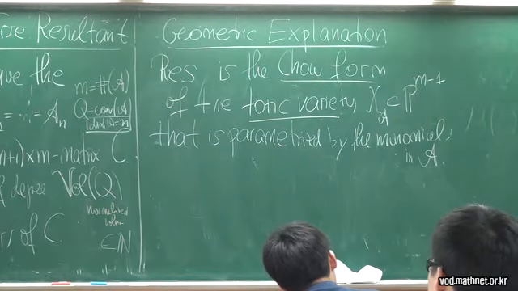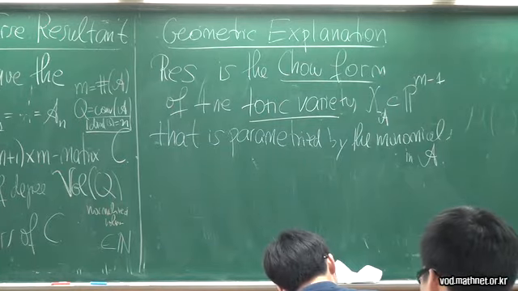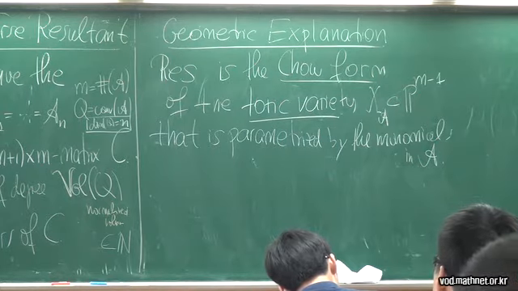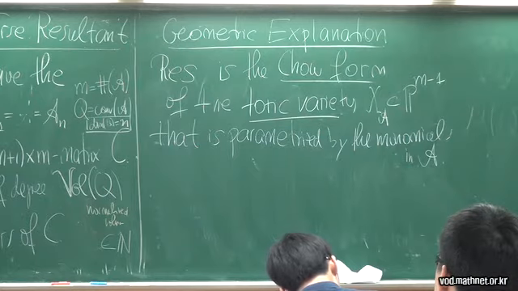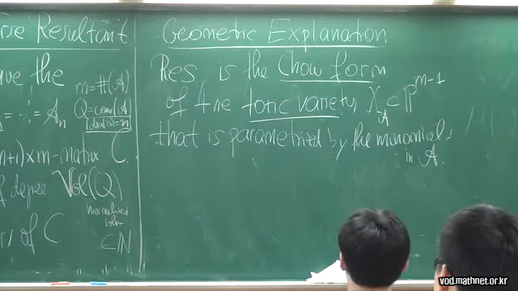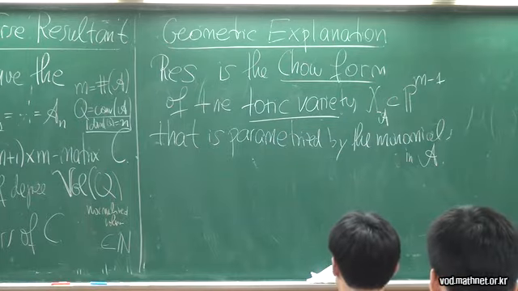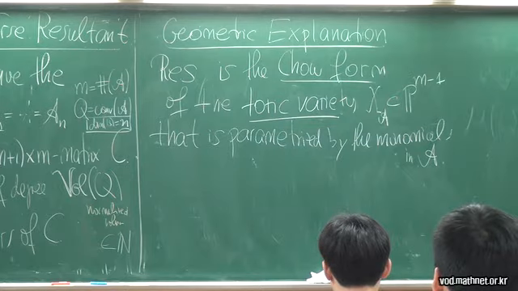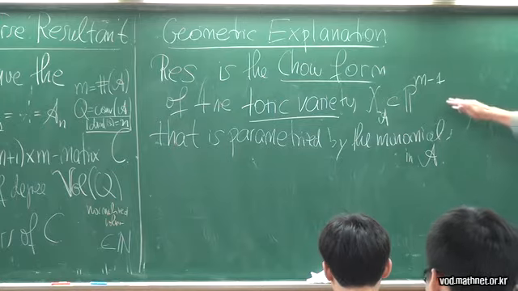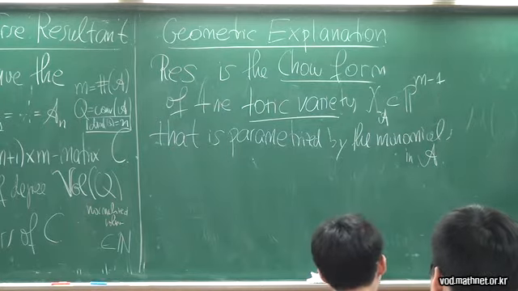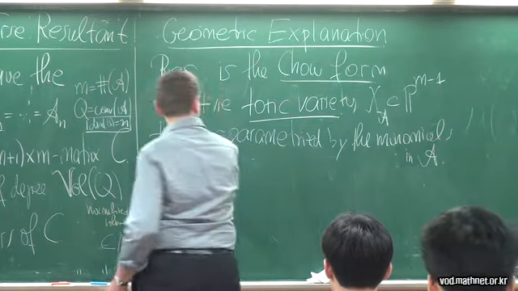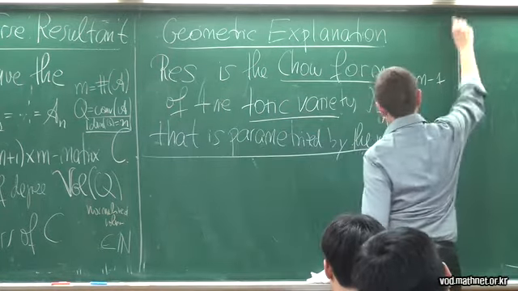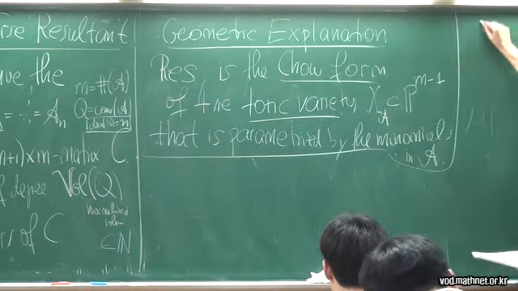A is a set of m lattice points in n-dimensional space. But a lattice point is a monomial, right? It's a Laurent monomial. So A is a set of m Laurent monomials in n unknowns. That defines a map from n space to m space, and I can organize it in such a way that the image becomes a projective variety, and that's the variety. Let's look at this in an example. So here's my example.